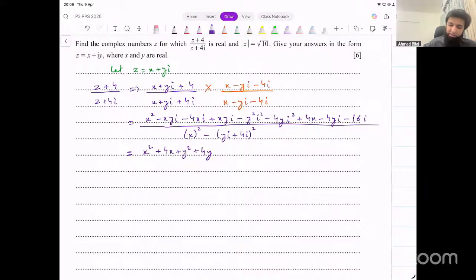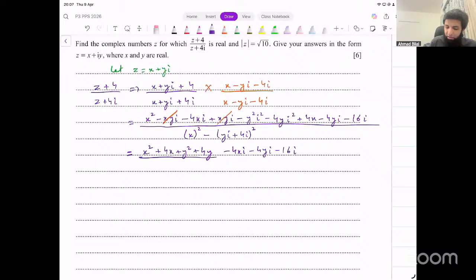Okay, what about imaginary terms now? These two imaginary terms are the same, so we've got some cancellation happening here. And then the others are all different. Okay, so the remaining terms are minus 4x iota minus 4y iota minus 16 iota. These are the terms that are imaginary.